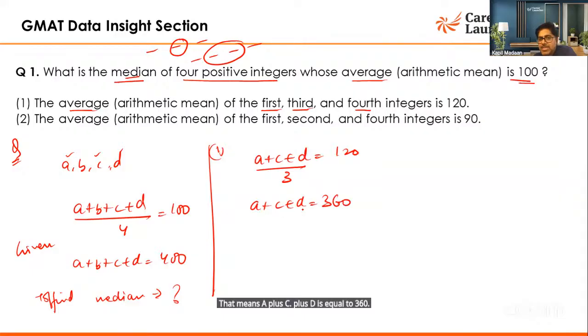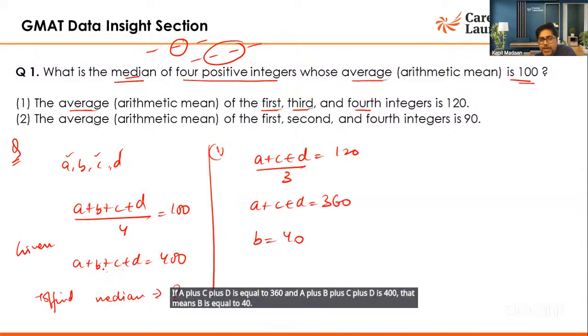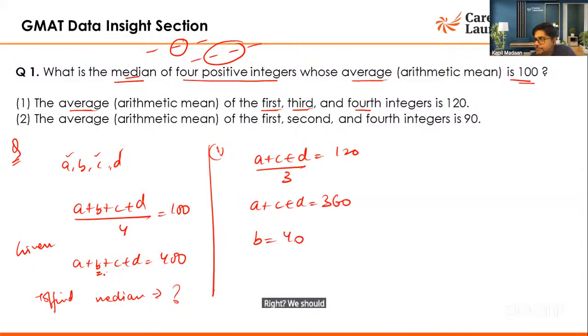If A plus C plus D is 360 and A plus B plus C plus D is 400, that means B is 40. Now, if B is given, can you find the median? Only one value is known. Can the median be found out of the four integers? No. That means the first statement alone is not sufficient.